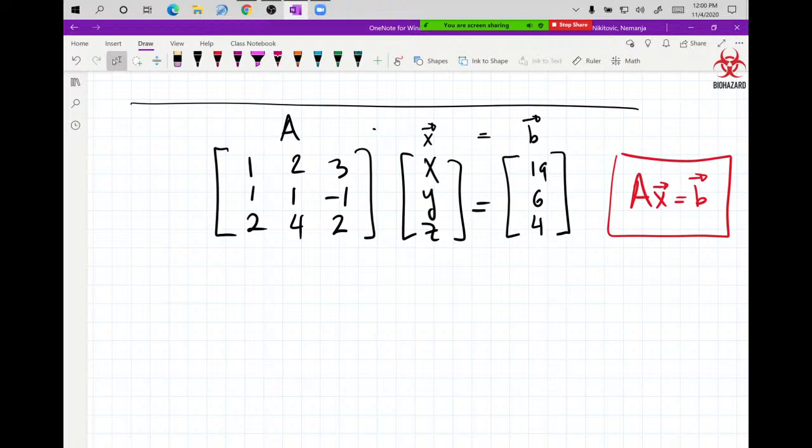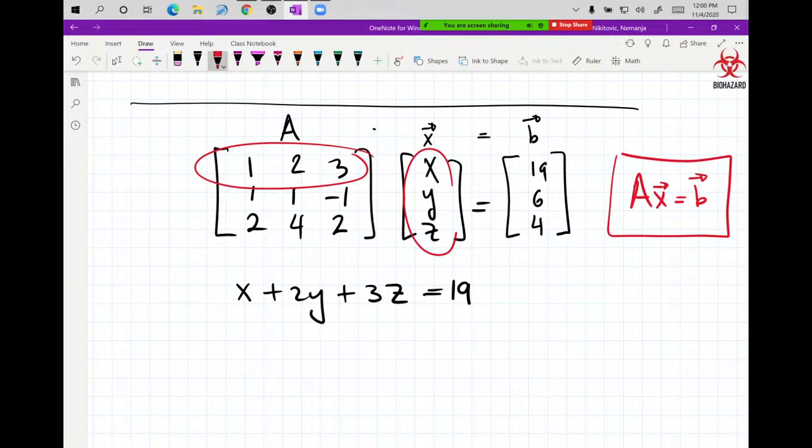Now, what would this look like in its, let's call it, exploded form? When you overlay x, y, z over the first row, you get x plus 2y plus 3z equals 19. Because remember, when you multiply row by column, you get the top value.